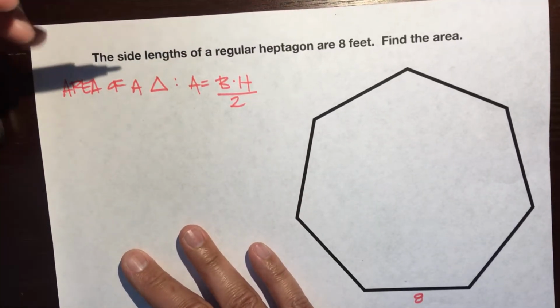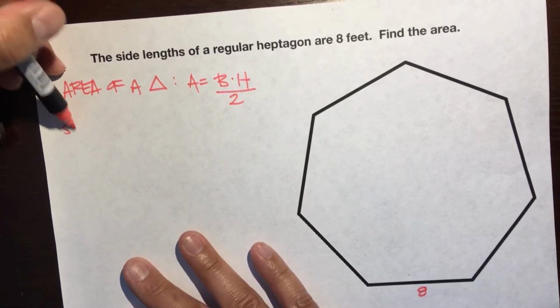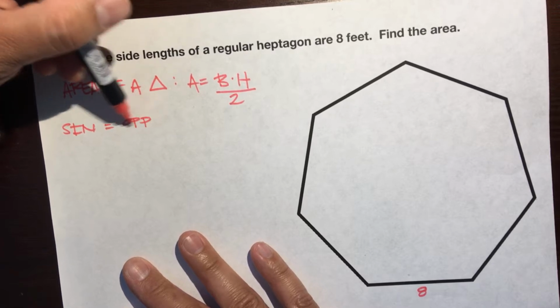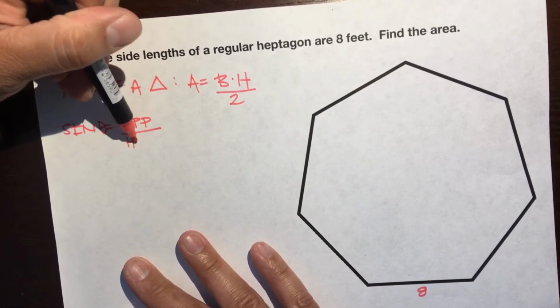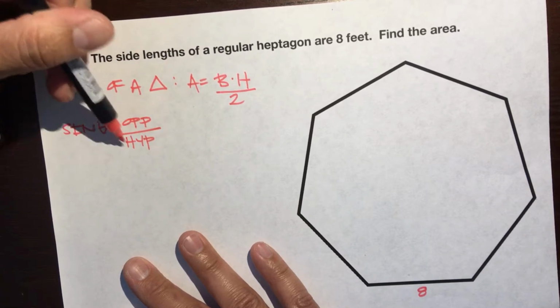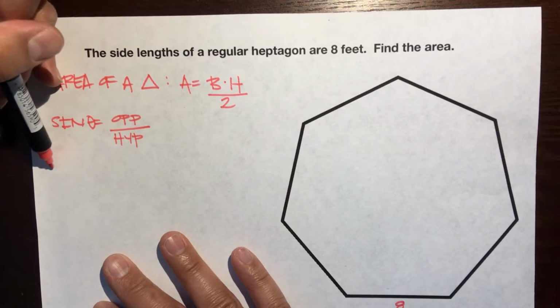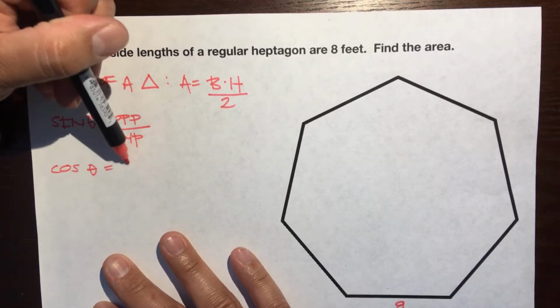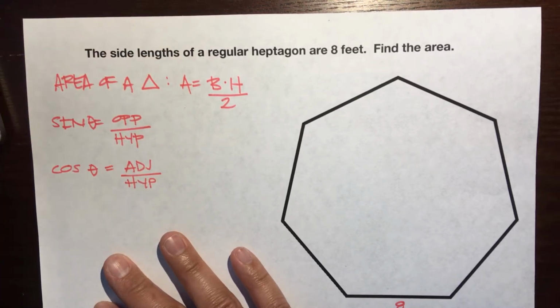And the next few things that we may need are sine. The sine of theta, the angle, is the opposite over the hypotenuse. We need to remember cosine: cosine theta is the adjacent over the hypotenuse.